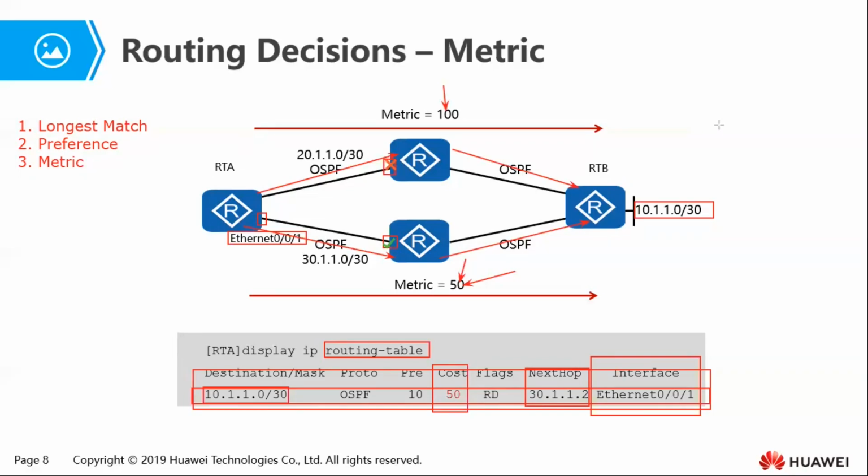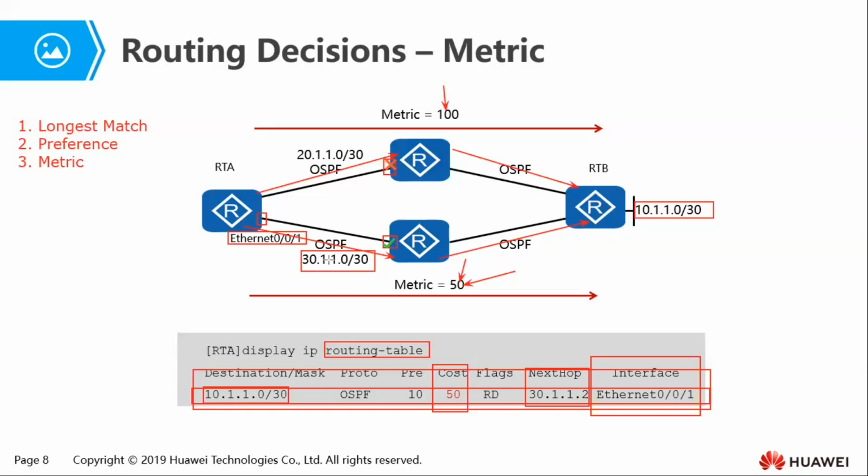Okay, I want you to assist me to understand this part. If you check the next hop, I can see the IP is 30.1.1.2. I don't know where I've gotten the address from. Okay. So generally, this is our network address between RTA and this router.